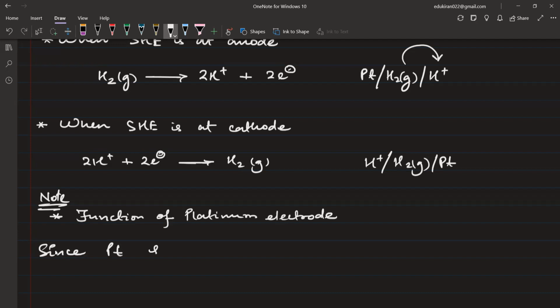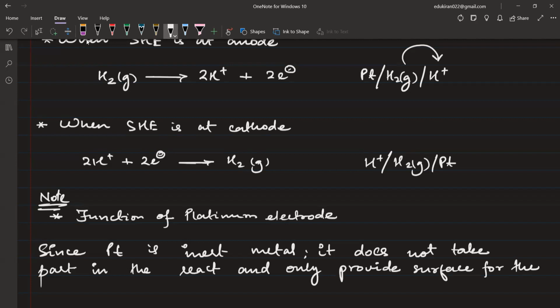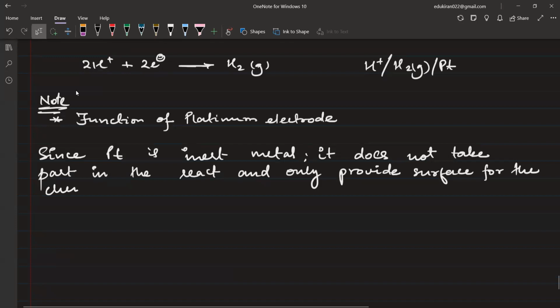Since platinum is inert metal, it does not take part in the reaction and only provides surface for the chemical reaction. ठीक है, please write this down.